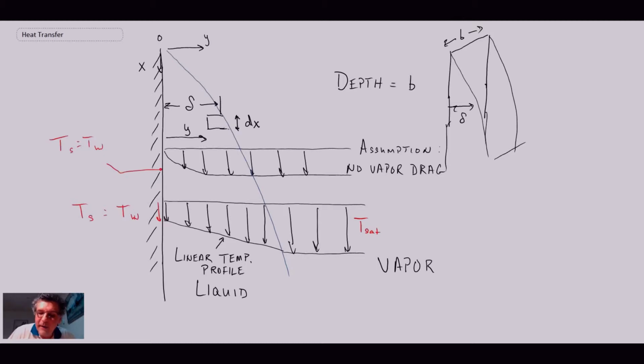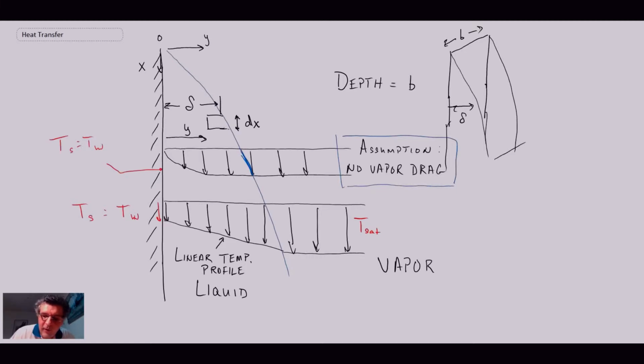A couple of things that he assumed. One was that there was no vapor drag, and what does that mean? It implies that there is no shear on the surface of the film as it is forming and moving down.